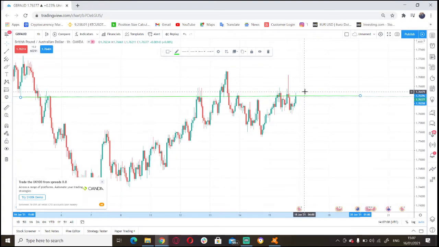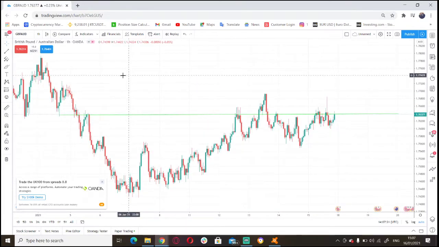Most big large banks are not going to trade at a support and resistance of 1.7647900, whatever. They're gonna look for even numbers like 1.7700. You can see that there's a slight resistance.